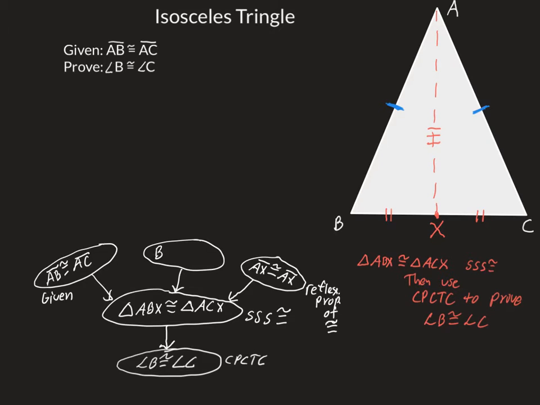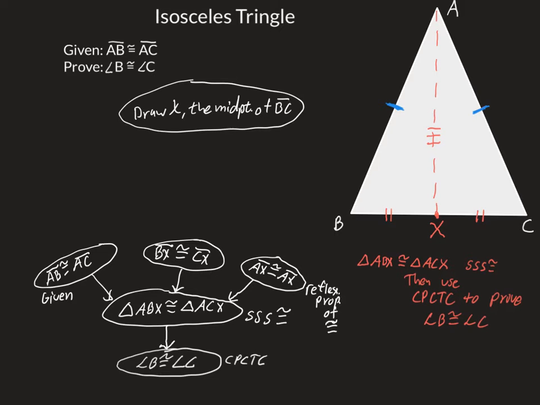So the third side we're trying to prove is that BX is congruent to CX. So the very first thing we did was put down the midpoint X between B and C. And our reason for that is that there's always one unique midpoint in a line segment.